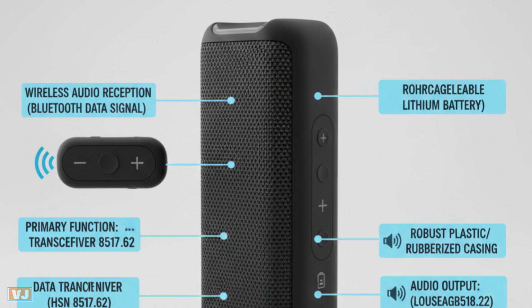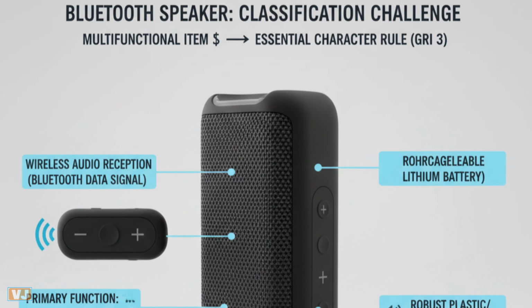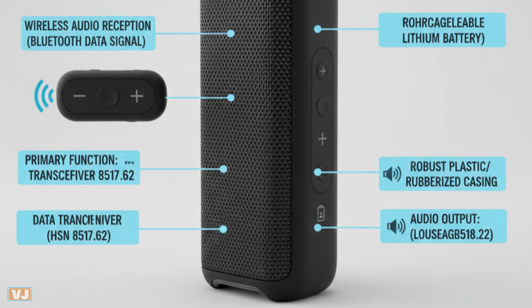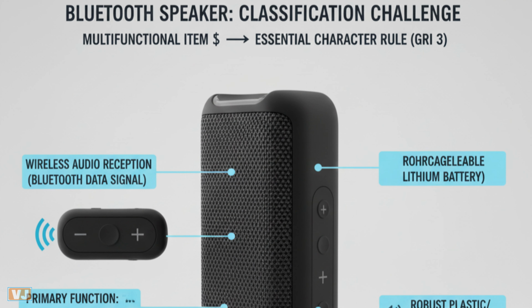If we take a real world example of a product, the Bluetooth speaker: it is an item designed to receive signals wirelessly via Bluetooth technology and reproduce sound. Its primary components are the plastic casing, the rechargeable lithium battery, and the speaker drivers. So this is the example I want to take up, and this is the description.